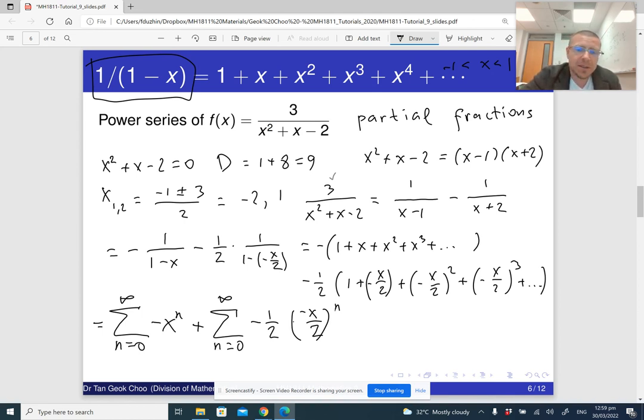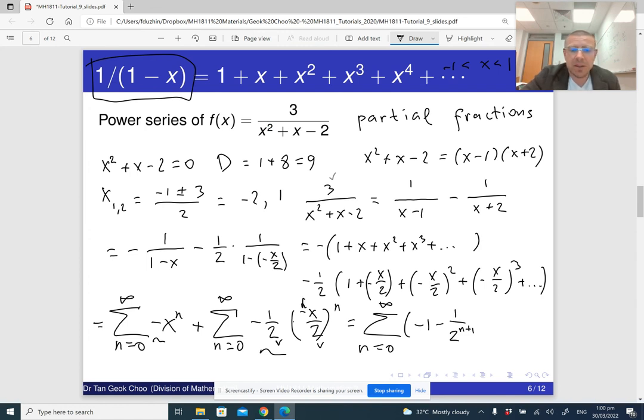Well, I guess this is the sum from 0 to infinity. We can take out x raised to the power n, and the coefficient here is going to be just minus 1, and here it is going to be minus 1 over 2. There is 2 here and 2 to the n here, so it's 2 to the n plus 1.